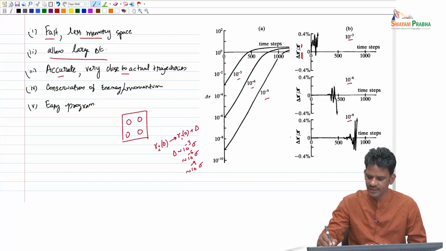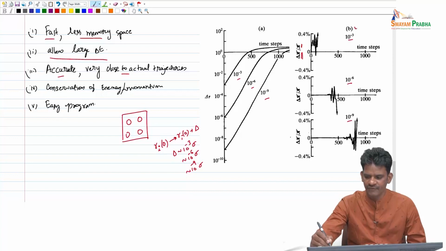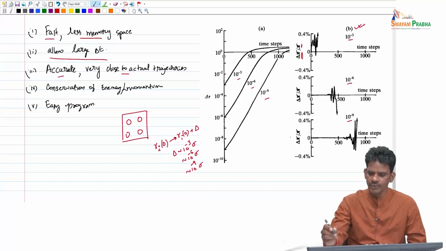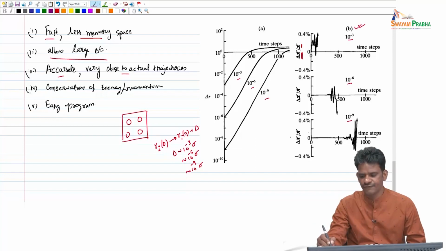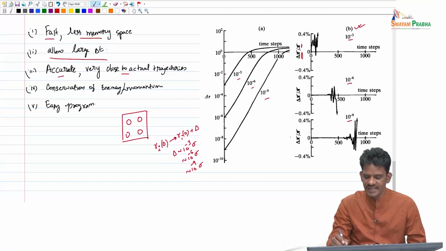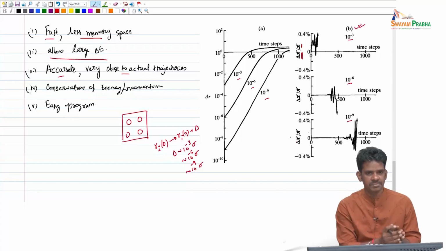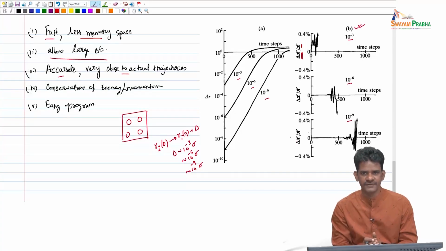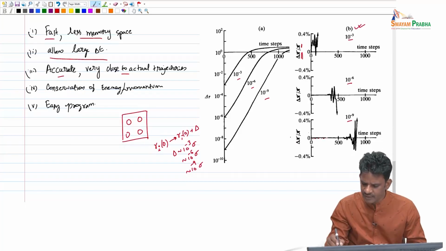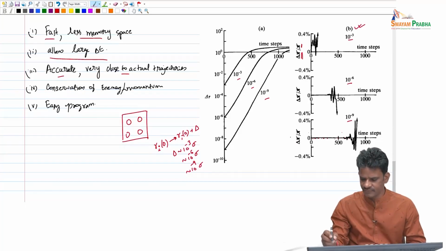If you look at this figure B, you see that when the perturbation is very small, of the order of 10 power minus 9, this delta k, that is the difference in the kinetic energy between the perturbed simulation and the original reference simulation, is nearly 0 for quite a long time, up to about 500-600 time steps, and after that you see that delta k varies quite a bit in time, and it is kind of trying to diverge as time increases.